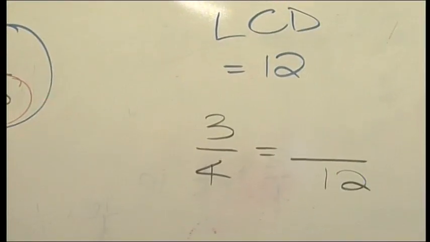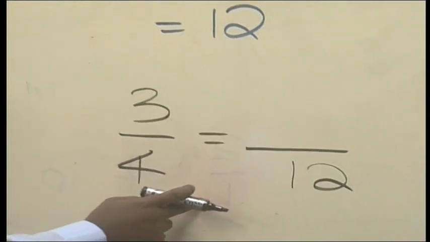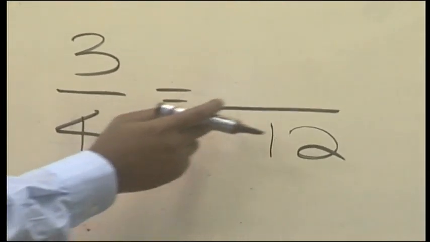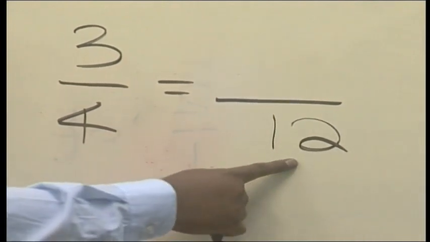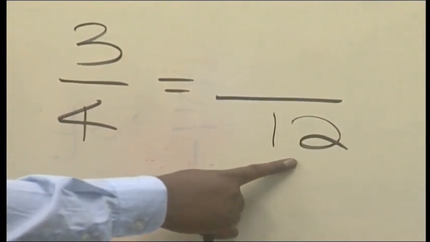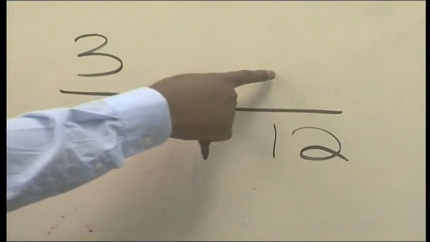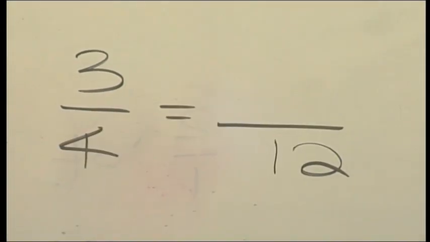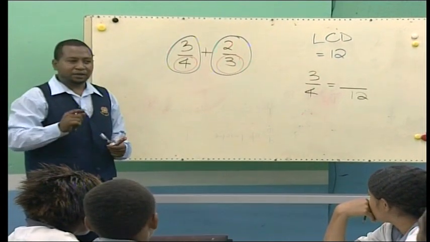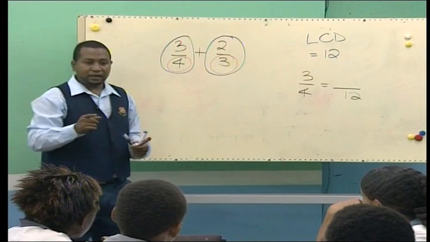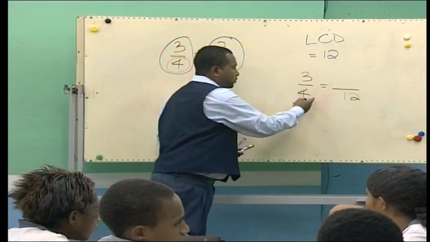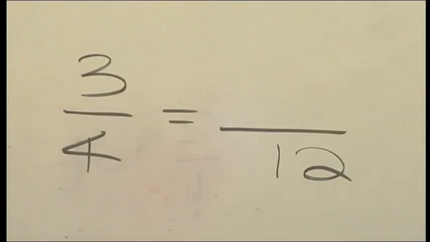To help us find the equivalent fraction for 3/4, we have a clue, because our LCD will be 12. So what number should go in the numerator part? What will be the number that will go into the numerator part, so that this fraction will be equivalent to 3/4?